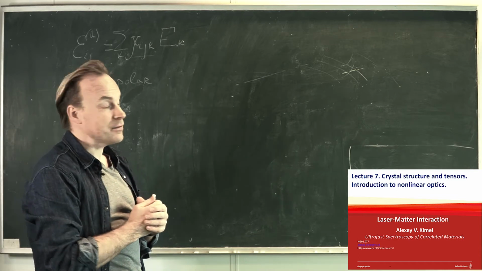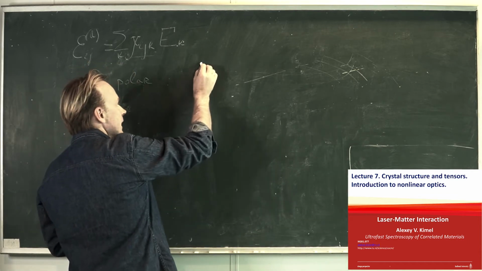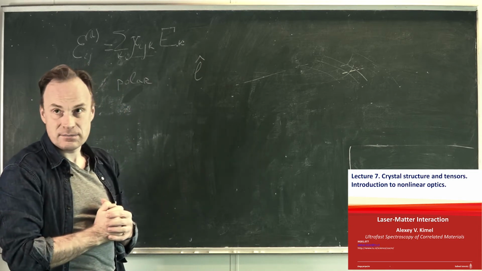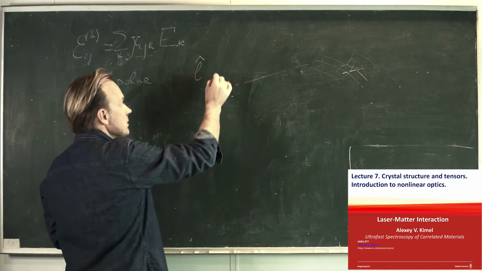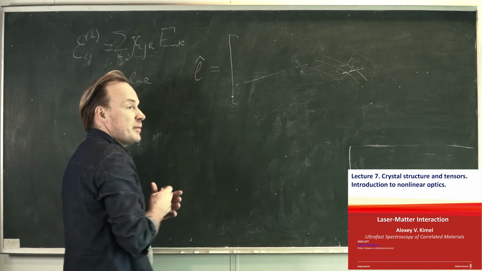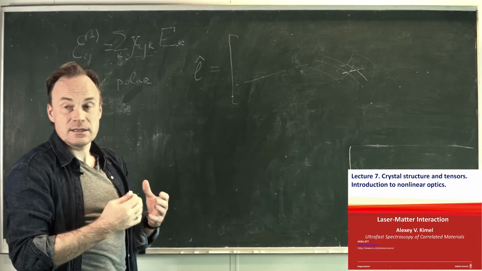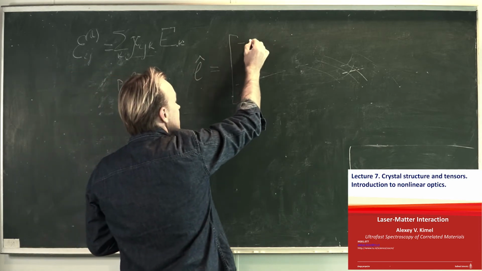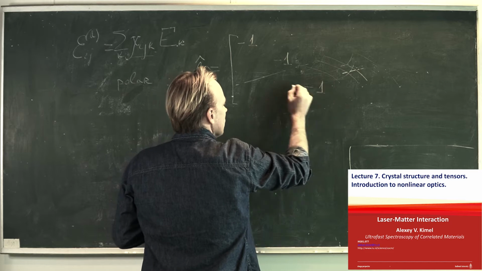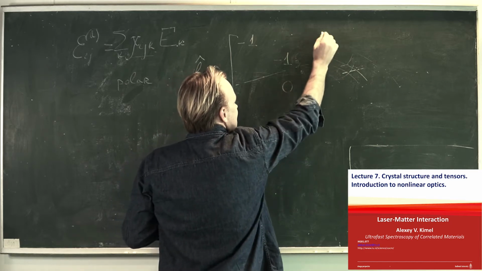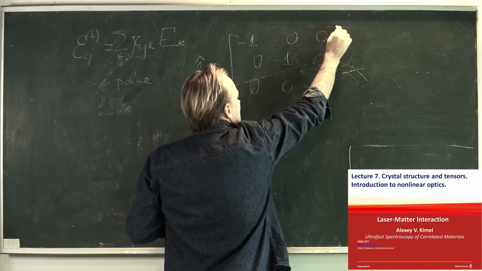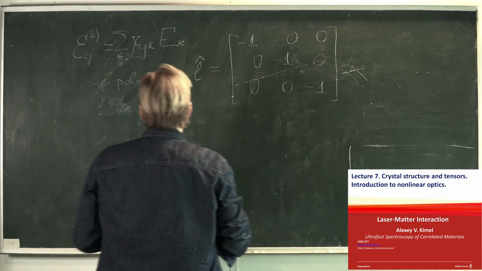Any transformation of coordinate system can be expressed in terms of a so-called generating matrix. For instance, the generating matrix for such a transformation of coordinate system as space inversion, which practically means inverting the direction of the axes in our coordinate system, will look like this.